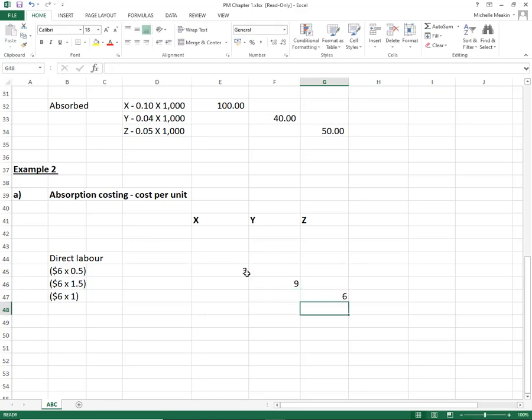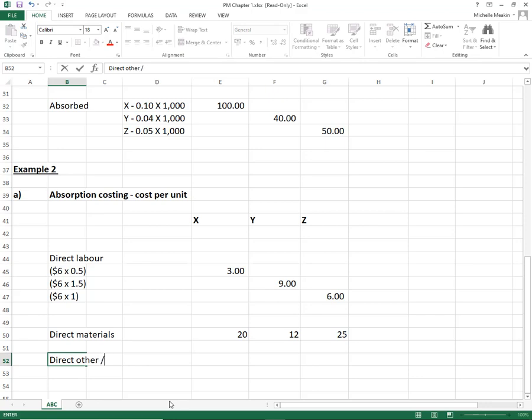Unless you're told otherwise within these questions, I would always go to 2 decimal places. After I've dealt with direct labour, the next thing I'll look for is direct materials. You are provided with the materials per unit, so very simply, you can pull that straight from the cost card: 20 per unit for X, 12 for Y, 25 for Z. The only other thing that comes into our cost card under the direct costs, the total prime cost, is direct other, also referred to as direct expenses.